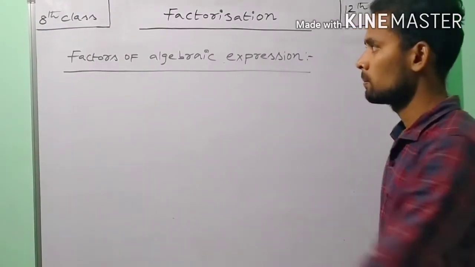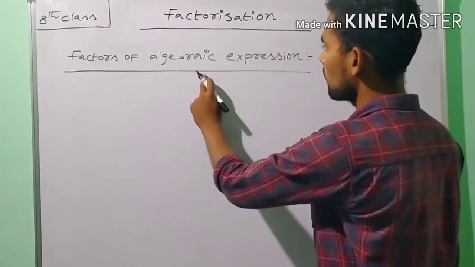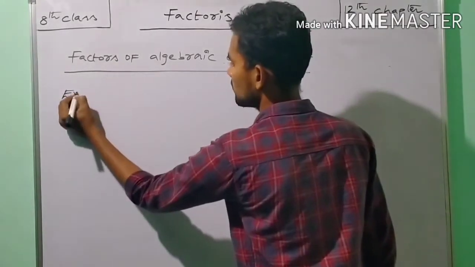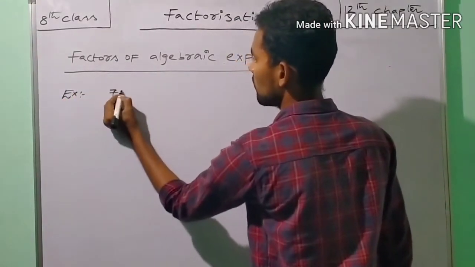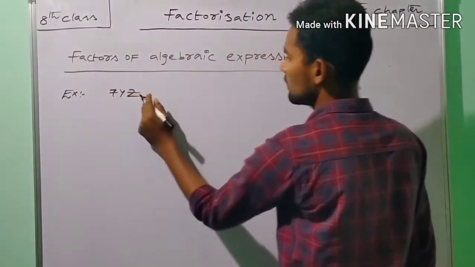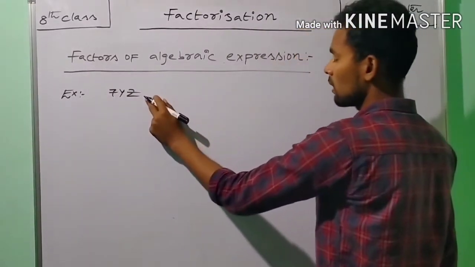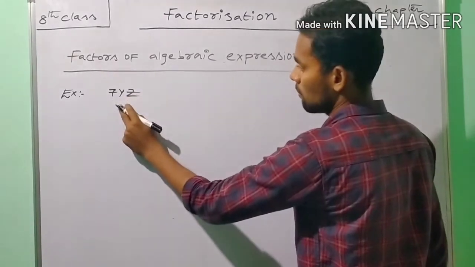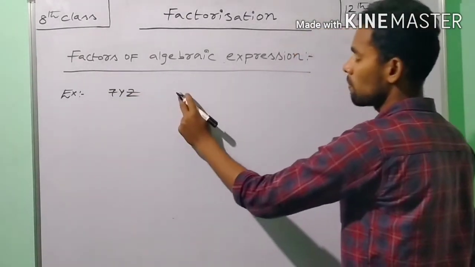Next, factors of an algebraic expression. For example, 7yz. This is an algebraic expression. An algebraic expression having one term is called a monomial.